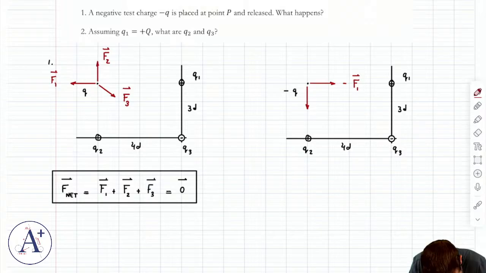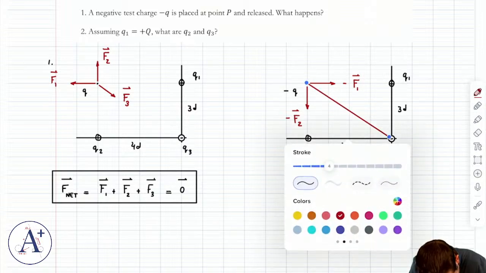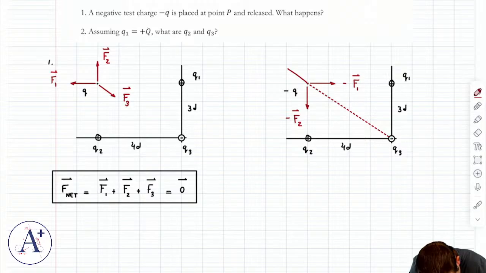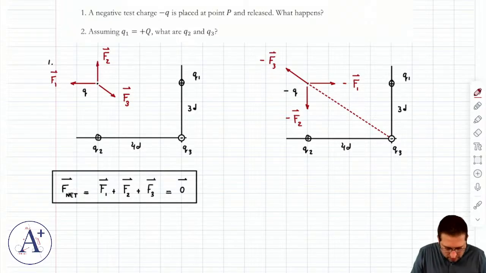This is going to be minus F2. And then between minus Q and Q3, you're going to get minus F3.